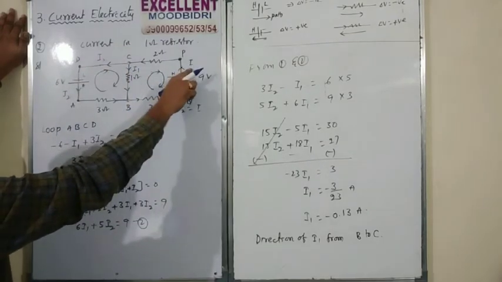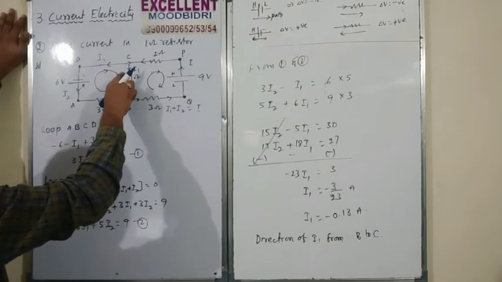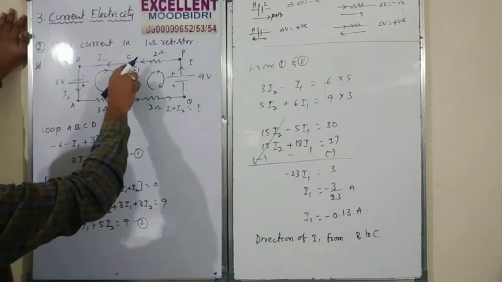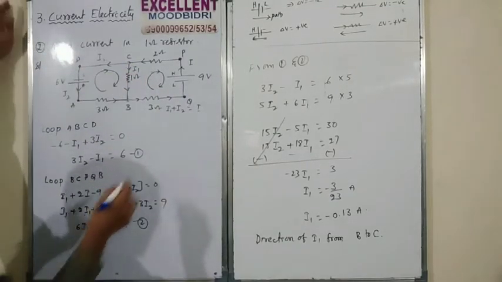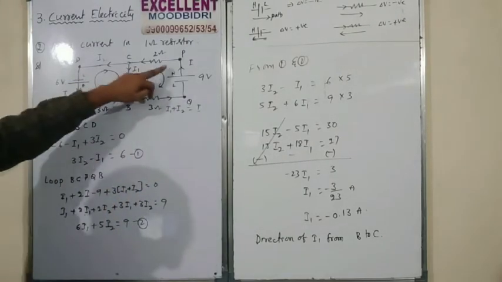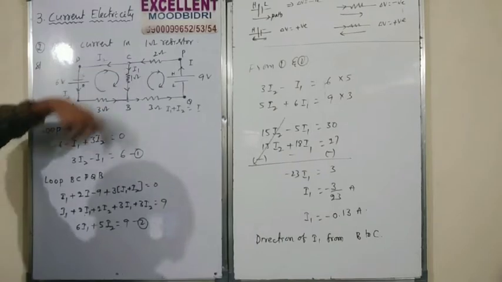That means I is divided into I1 and I2. Total I is equal to I1 plus I2. This is the entering current, these are the leaving currents, I2 and I1.